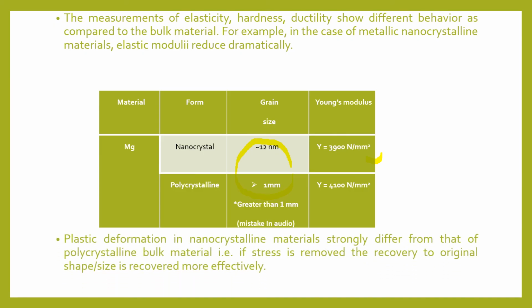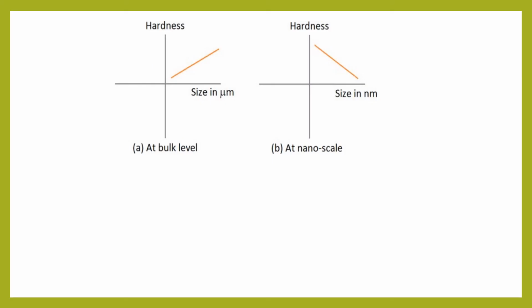The plastic deformation in nanocrystalline material strongly differs from that of polycrystalline bulk material. That is, if stress is removed, the original shape or size is recovered more efficiently in nanomaterial. We can see this about hardness.